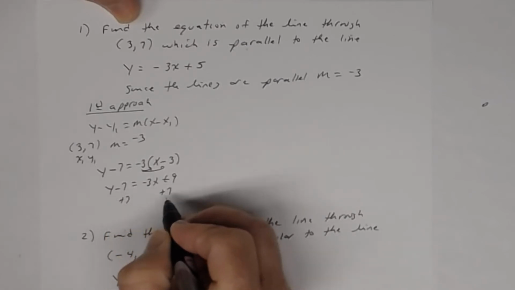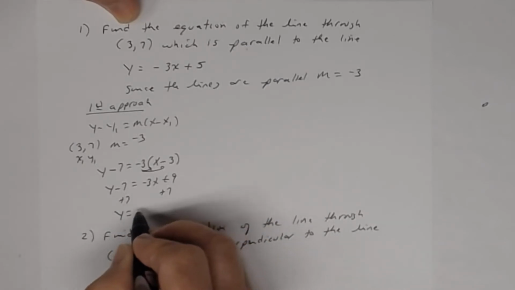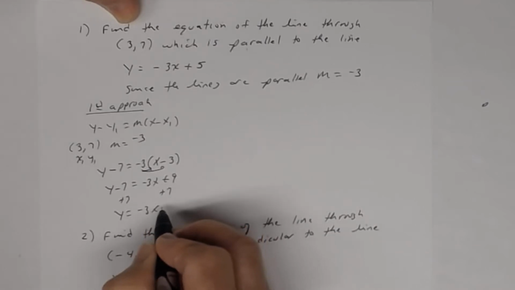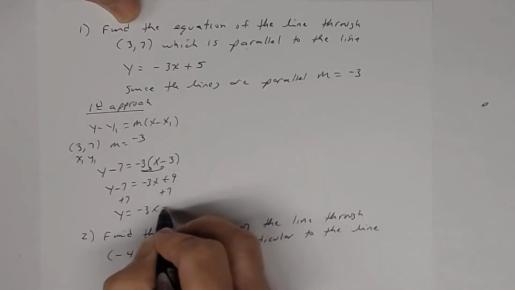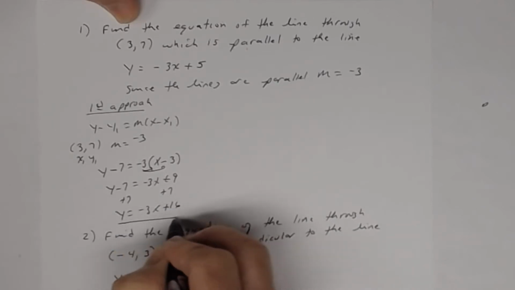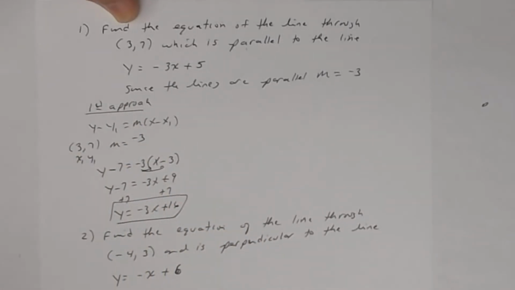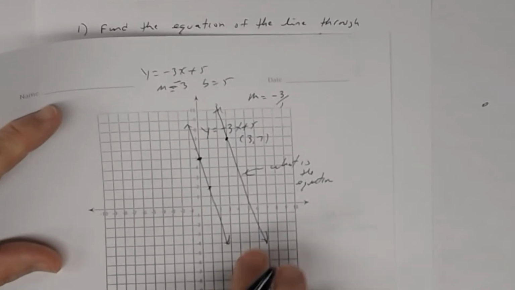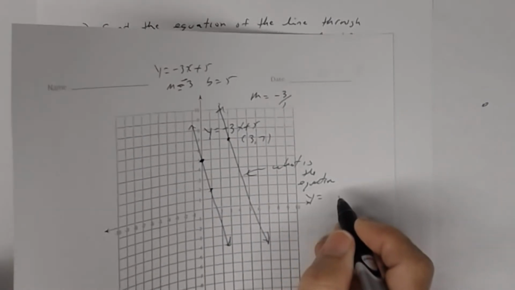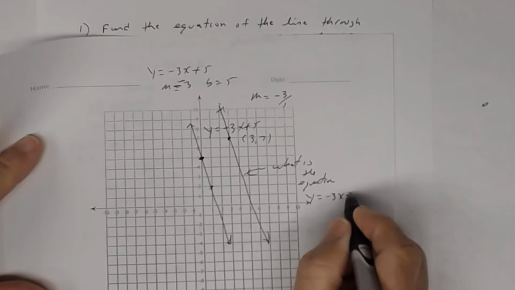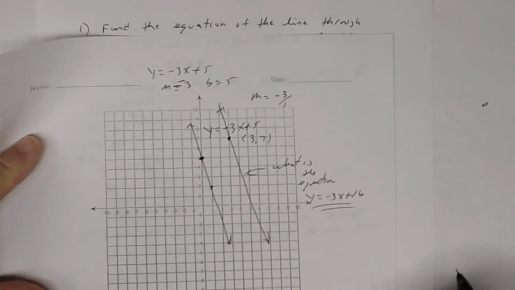Adding 7 to both sides, we get y equals -3x, 9 plus 7 is 16. So that's the equation of that line: y equals -3x plus 16. Okay. All right.